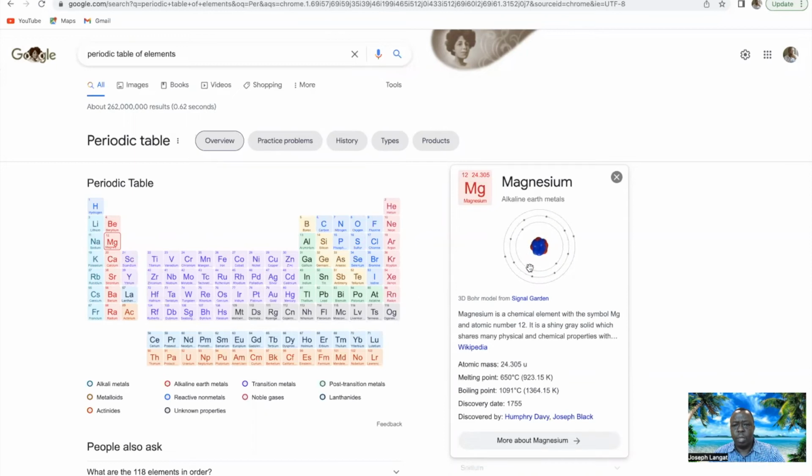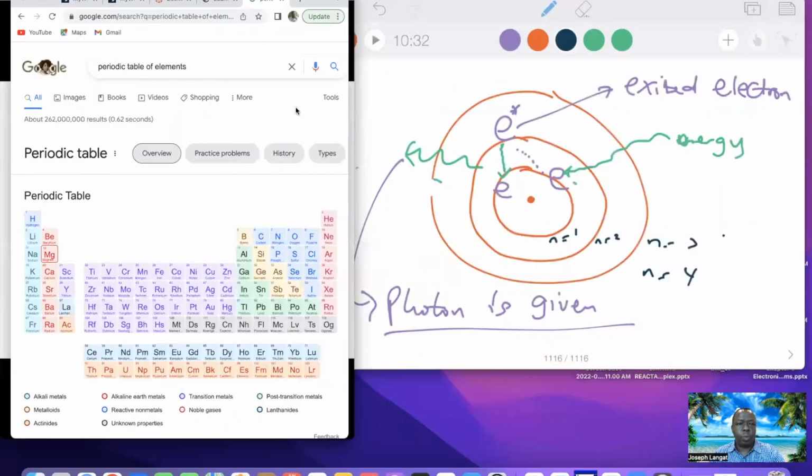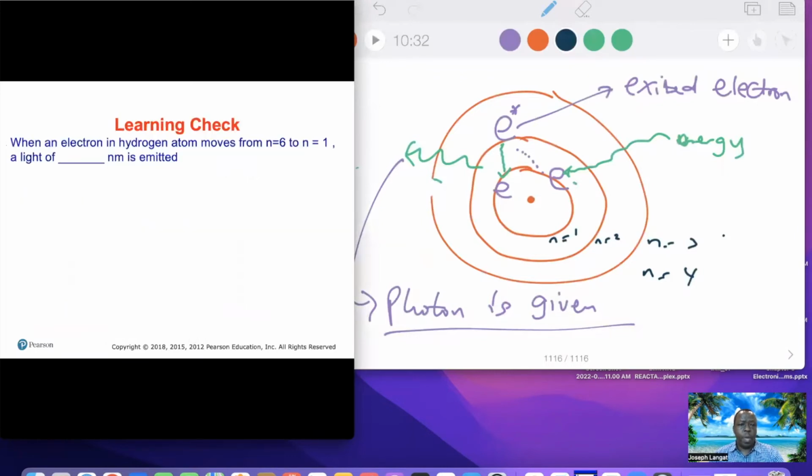Now, with that, these are energy levels. You square those, and we can calculate the wavelength.